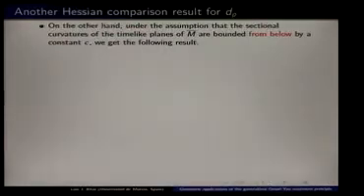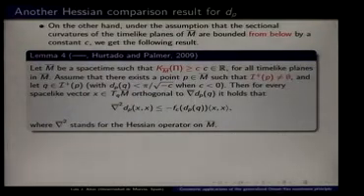And finally, the last comparison result is in the case where the sectional curvature of time-like planes is bounded from below by a constant, and in that case we have the corresponding result with the reverse inequality.